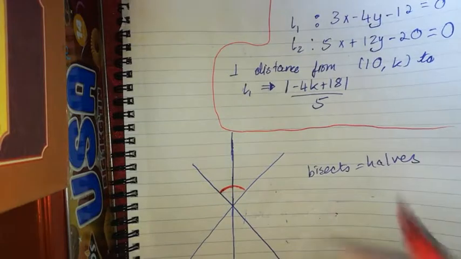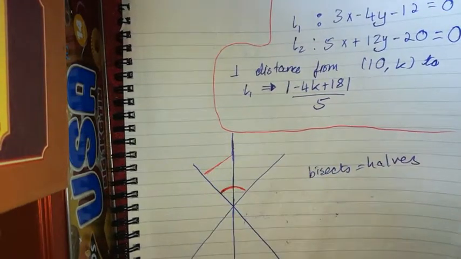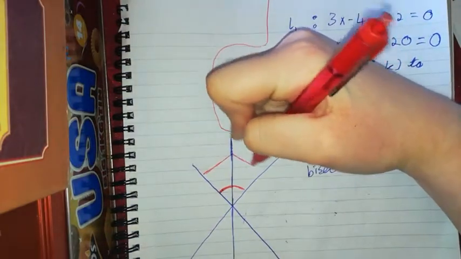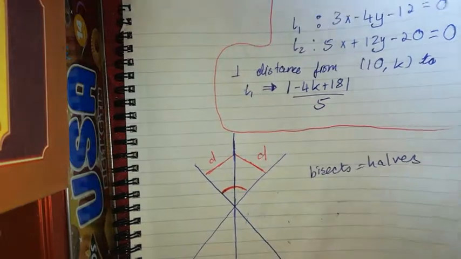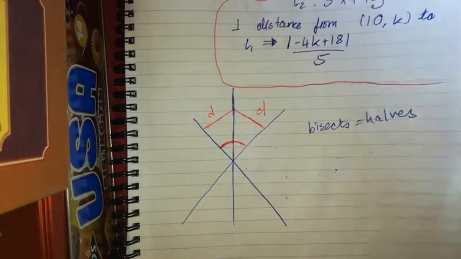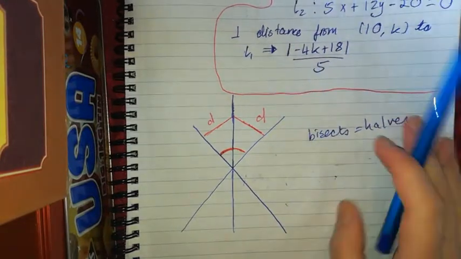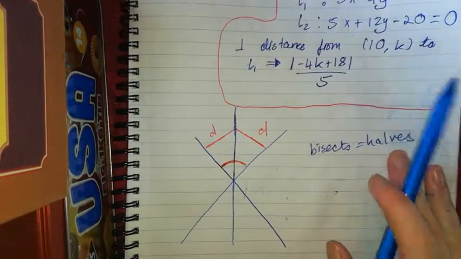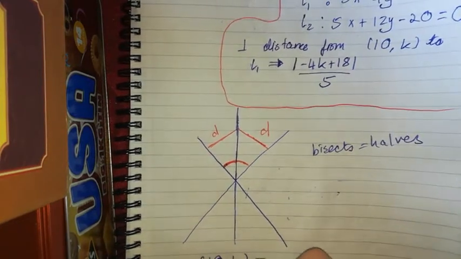So that means if that's halving the angle, well then the distance from here to here is the same as the distance from here to here. So the distances would be equal. But I already got the distance from the point 10k to L1. So maybe if I now get the distance from the point 10k to L2 and let them equal.